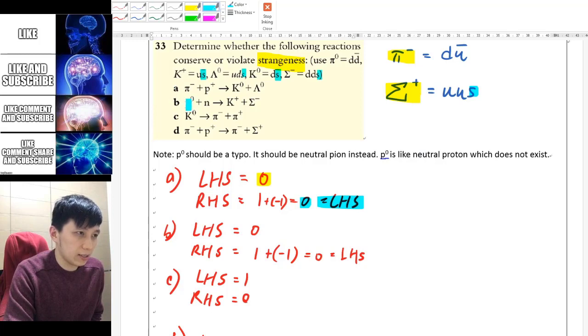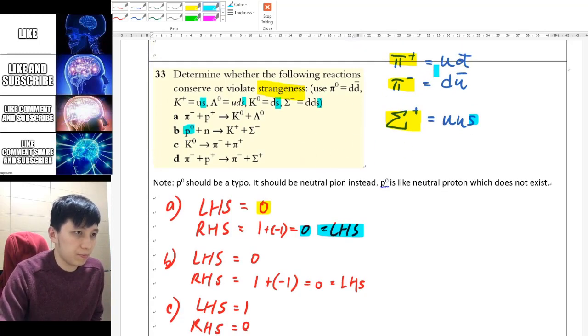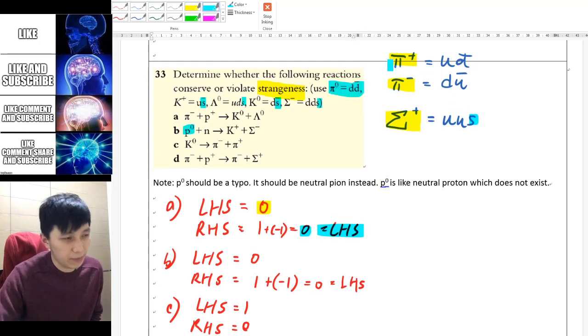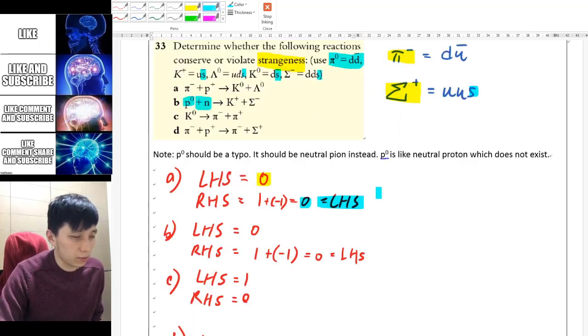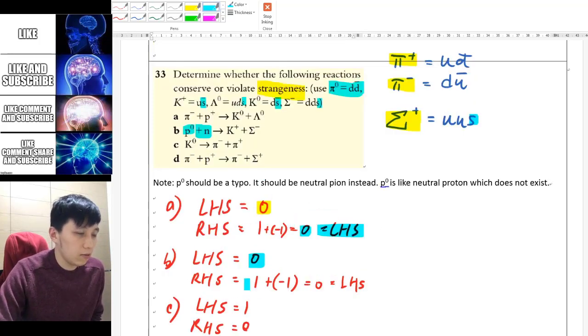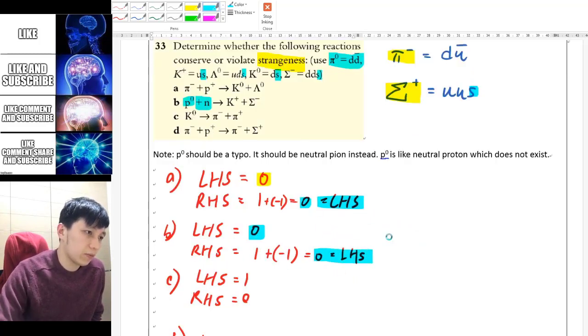Eventually I realized it's actually referring to the neutral pion, which is this one, and it doesn't really matter because it doesn't contain any strange quark. Same as the neutron, no strange at all, so that's why it's 0 here. On the right hand side, again, it is 1 and -1 because it contains a strange quark and also an anti-strange quark, so eventually 0, again conserved.